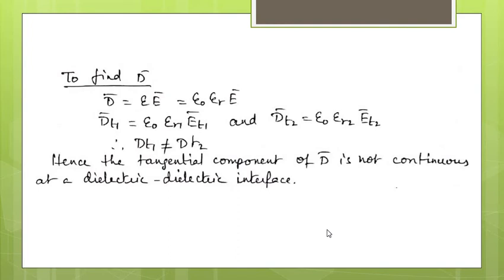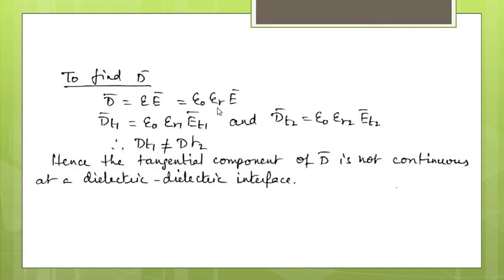Next, to find the component D. So the relationship between electric flux density and electric field intensity is given as D is equal to epsilon into E, where epsilon is equal to epsilon naught into epsilon R. Epsilon naught is the absolute permittivity and epsilon R is the relative permittivity.